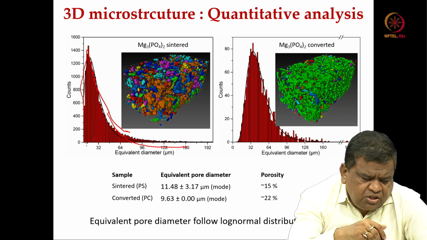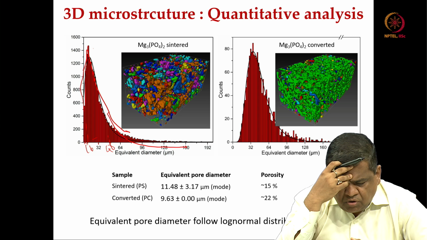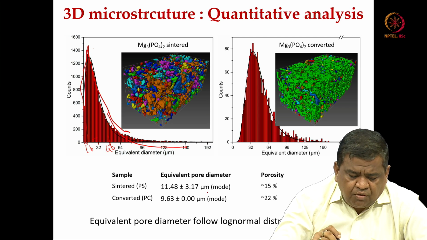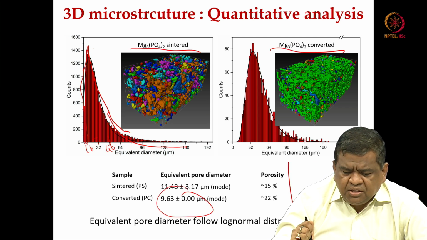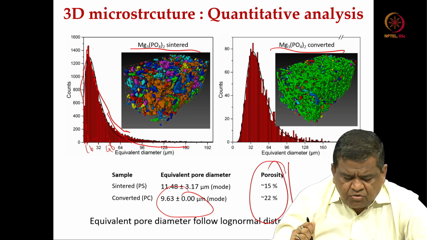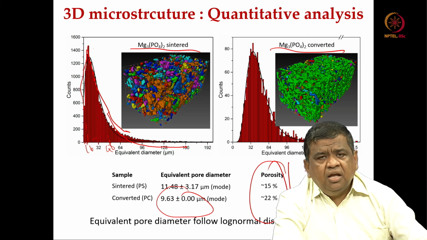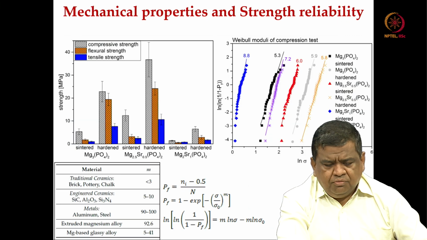So, this is 16, this is 32, this is 48, so it is somewhere around here, whereas the equivalent pore diameter in the chemically converted materials is around 9.63. This is the case for magnesium phosphate, but the porosity like 15%, 22% that we have shown in this table is for some of the strontium doped magnesium phosphate ceramics.